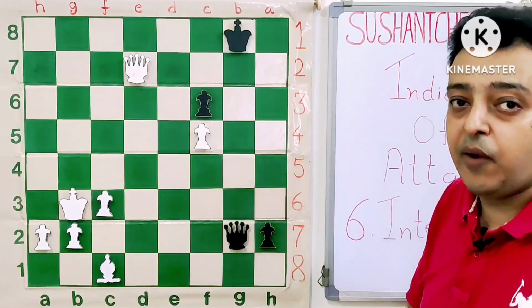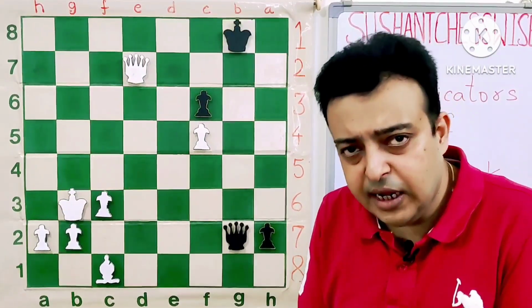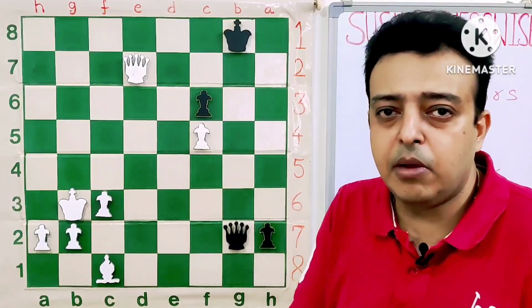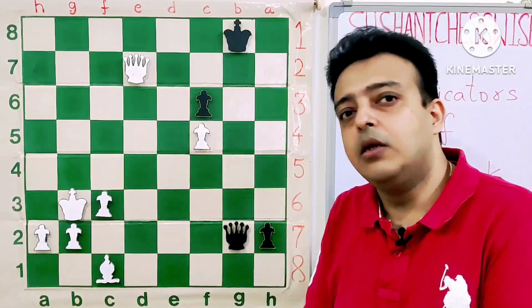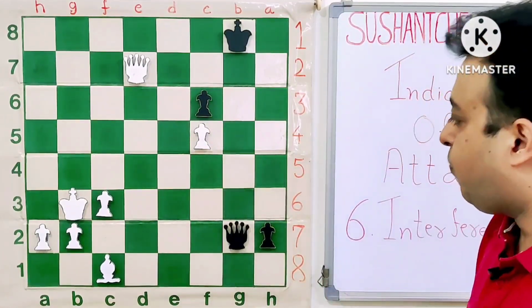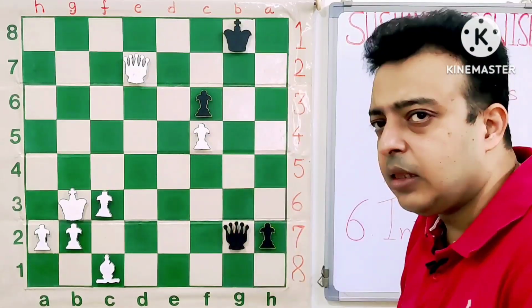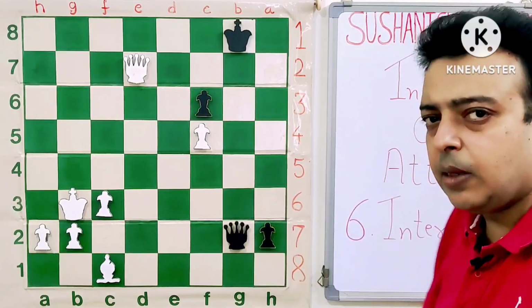But here white finds the winning tactic. It's not a very easy position, but at the same time, if we are able to use the idea, it's a very nice and instructive case. So here what white sees is the queen is defending the g7 square, and the pawn is about to queen.